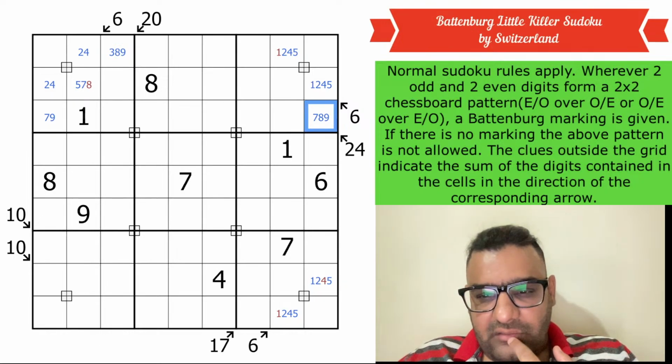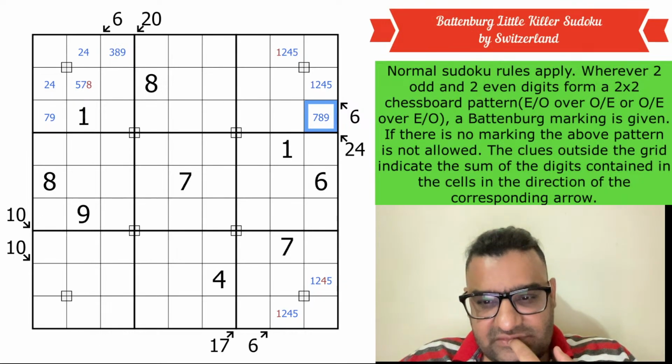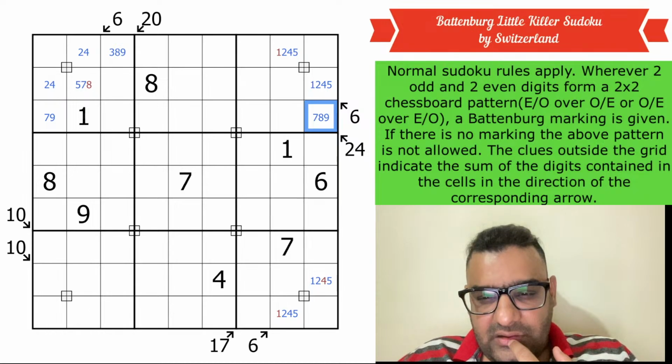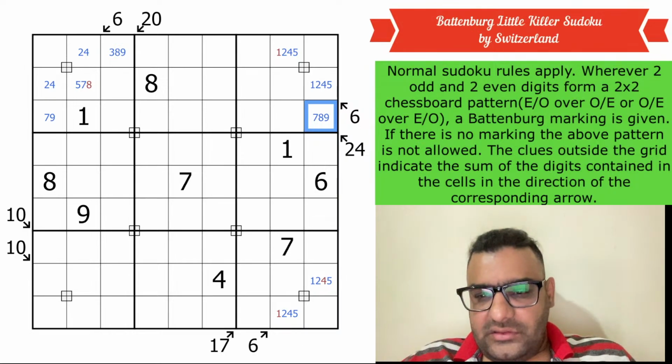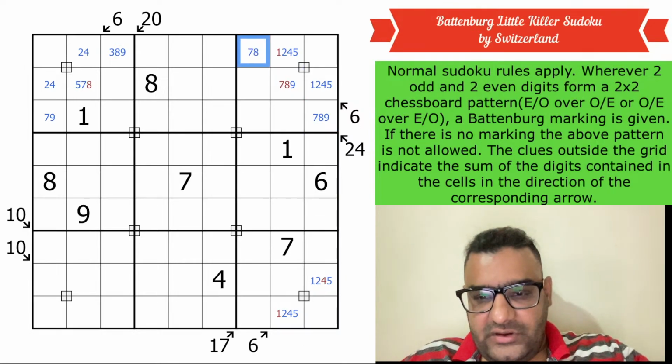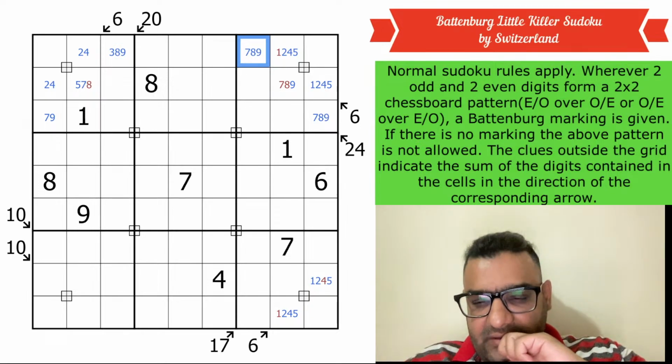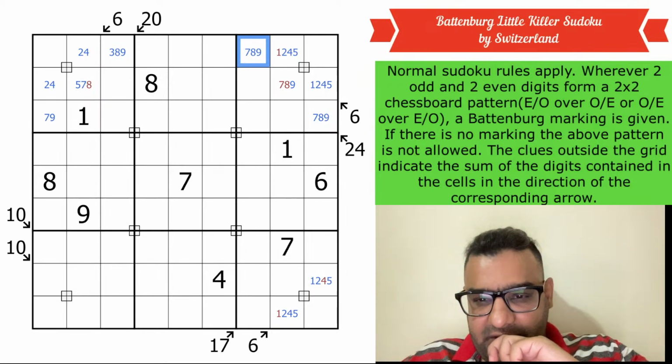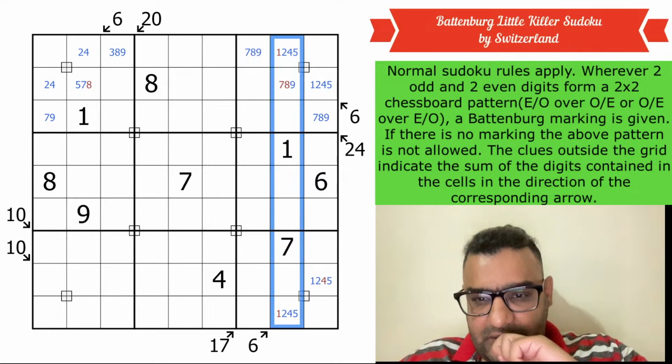It cannot have any number less than 6. If we add 9, 8, 17, and 6, it would be 23. So these three numbers will always be 7, 8, 9. So we already know that 7 cannot be in this column.